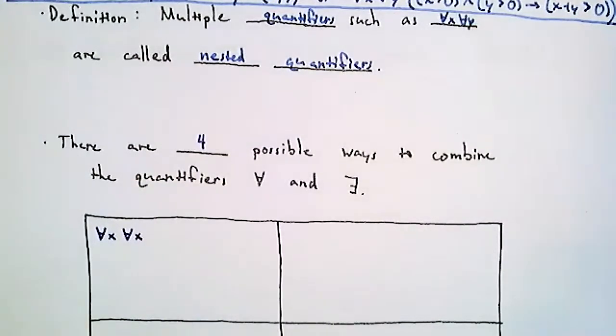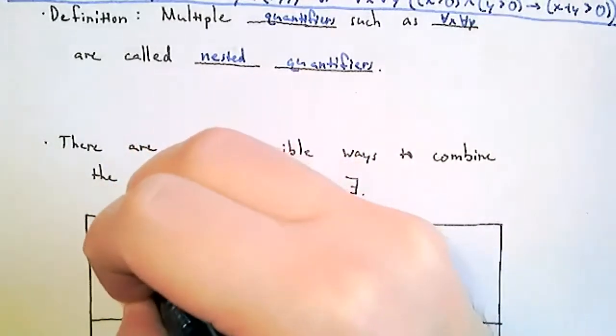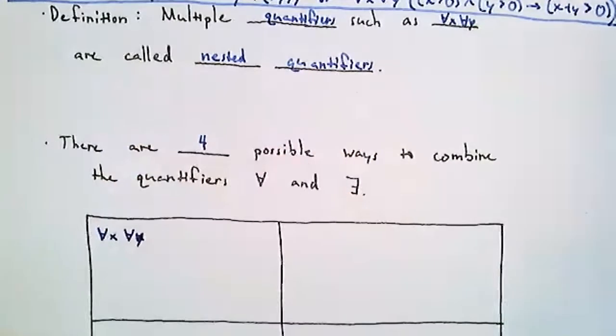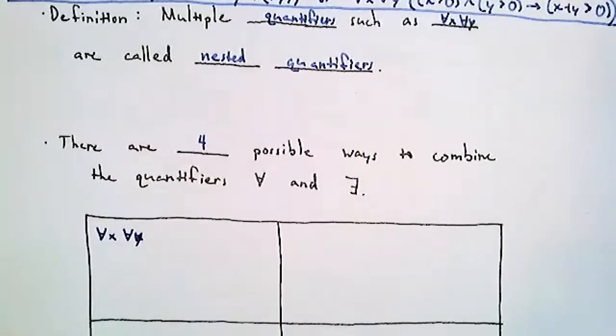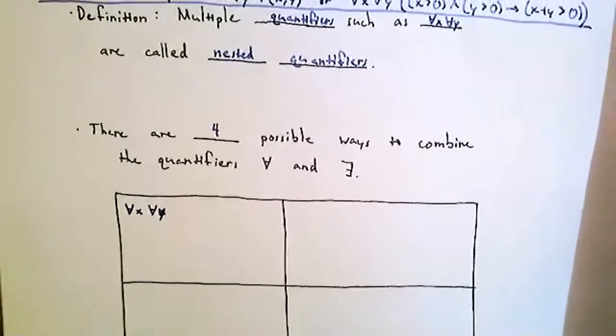And I'm also going to fill in a way to, oops, I need two different variables here. An x and a y. So we're going to also write a way to express the two quantifiers together in English when they're nested.